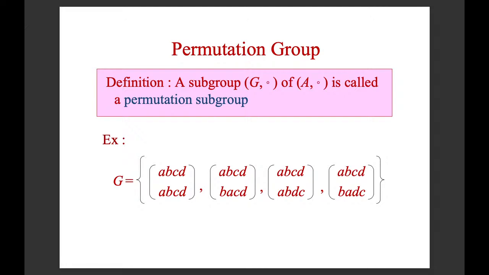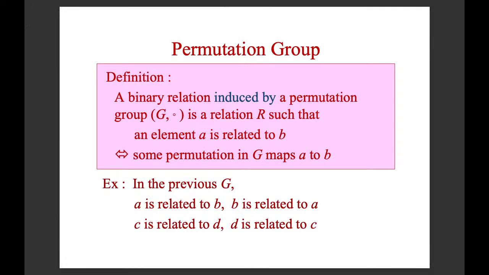So somehow this related or not will be important to have some physical meaning that we want later. But before that, suppose that G with the dot operator is a permutation group. Then based on G, we can define a relation between the elements in the ground set.